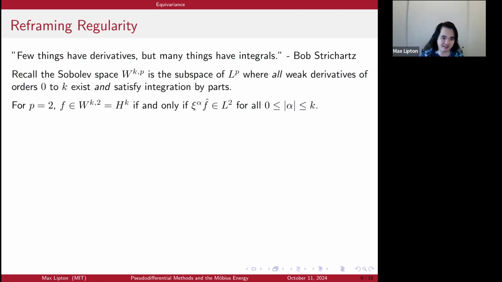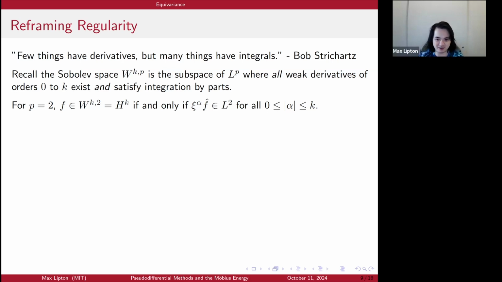We can say that f is in the Sobolev space W^{k,2} if and only if taking a monomial, multiplying by the Fourier transform of f, and having that be in L2 exists for all monomial degrees from 0 to k.